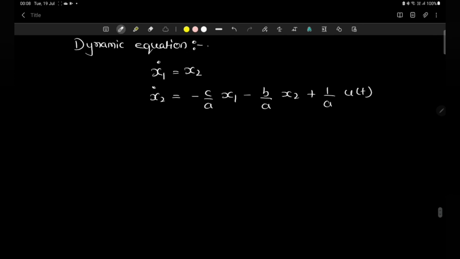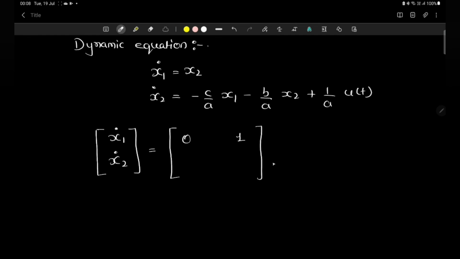Now we should represent this equation in matrix form. So x1 dash and x2 dash are equal to, this should be 0 1, with the state variables x1 and x2. 0 1 because x1 dash is only x2, right?